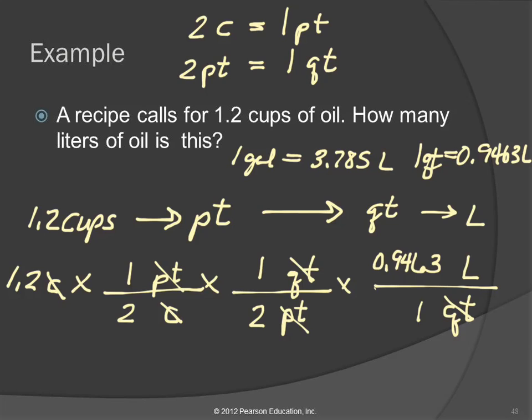If you can get the right answer consistently, that's fine, but I like top and bottom. So I'm just doing that on my calculator. And I'm getting 0.28389 equals 0.28389. And the only unit left is liter.